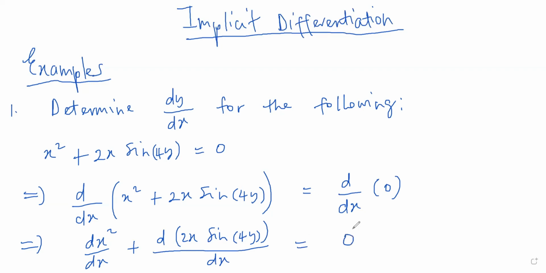This is equal to 0 because the derivative of 0 is equal to 0. So let's continue. The derivative of x squared with respect to x is 2x. So this implies that we have the following, which is 2x plus the following.